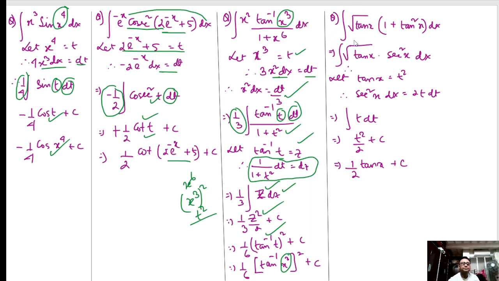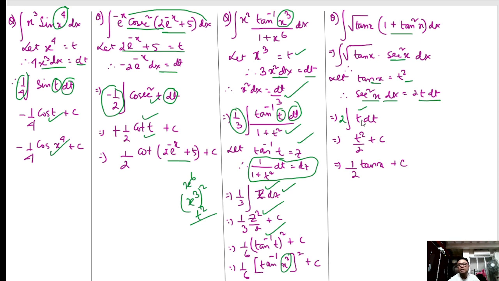Next, this sum. 1 plus tan square x is actually sec square x. So let us take tan x as t square. So sec square x dx will be 2t dt. So we are putting root tan x as t, and sec square dx as 2t dt. 2 goes out.